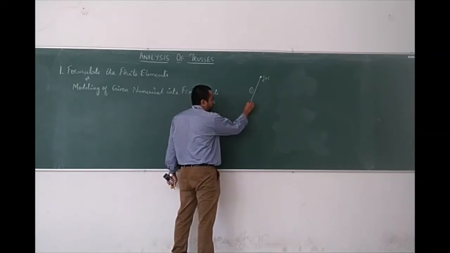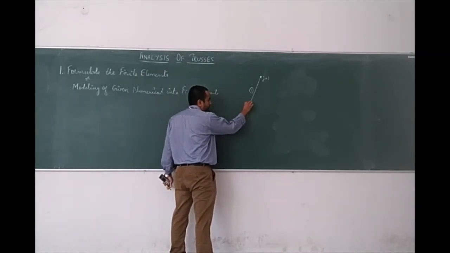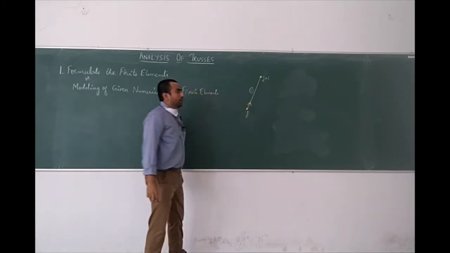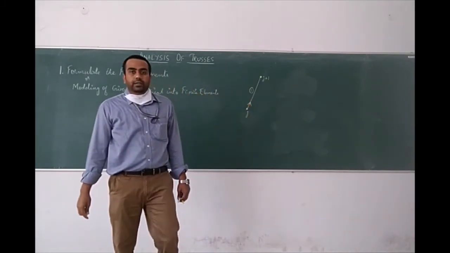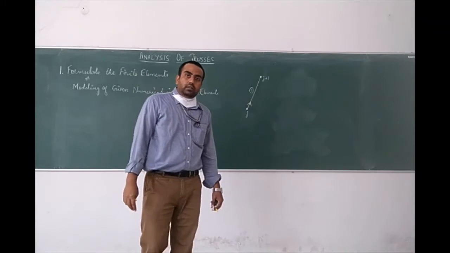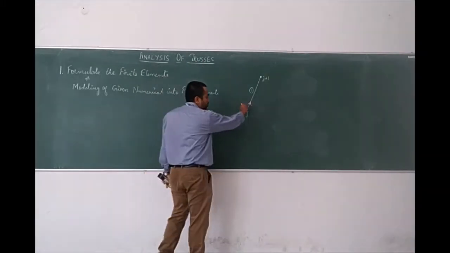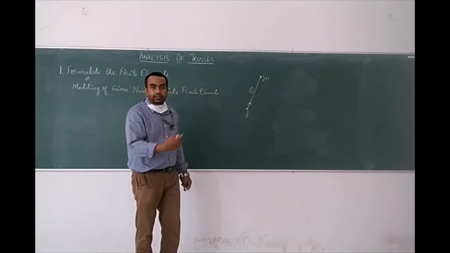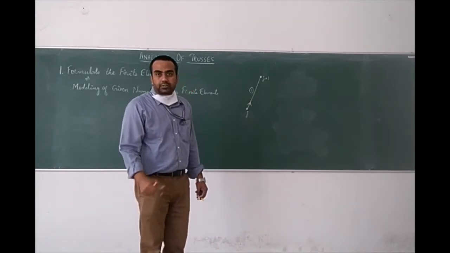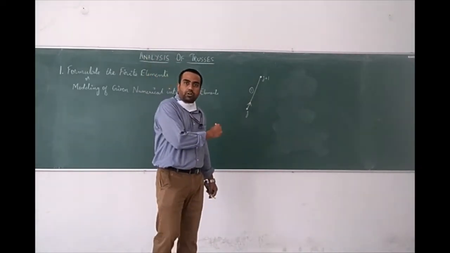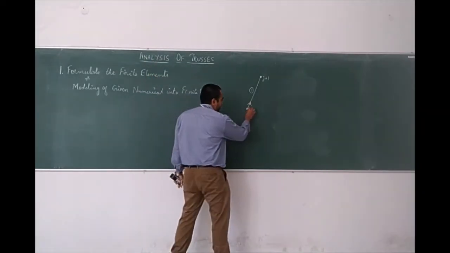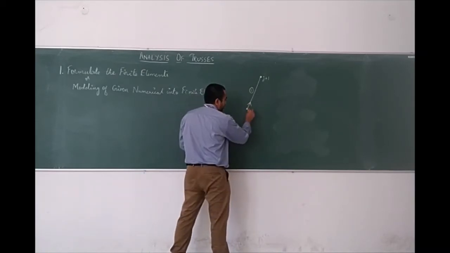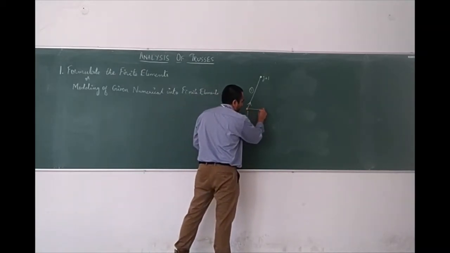There is a force which is acting axially on the member. Now we will consider the force components of this particular load along the x direction as well as along the y direction.